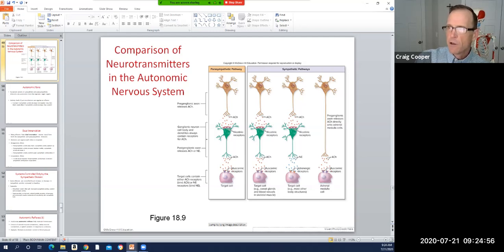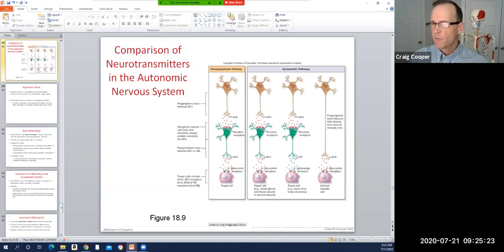This neuron at the top of the image is the one in the spinal cord. It's going to go out to its peripheral ganglia, which, if it's parasympathetic, is somewhere fairly close to the organ that it's trying to influence. It releases acetylcholine that binds to these nicotinic receptors that then excite this neuron in the ganglia to then try to excite the target cell in most cases.